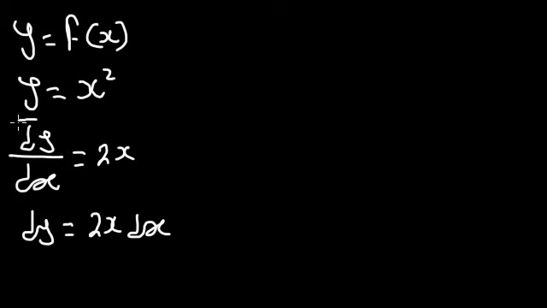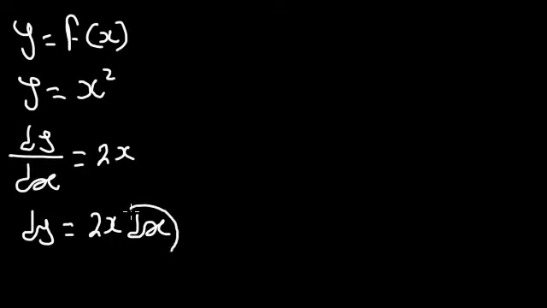Well, it is important to understand that dy/dx is not a fraction, but it does work like a fraction. So dx can be multiplied on both sides. dy stands for the differential of y, and dx stands for the differential of x.